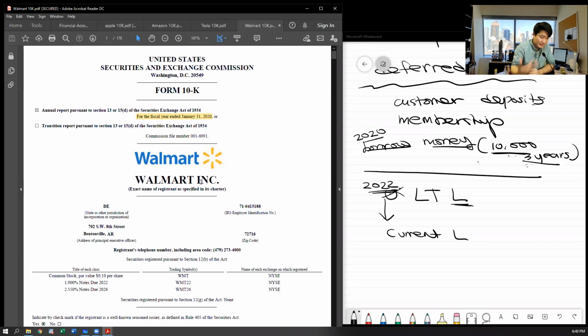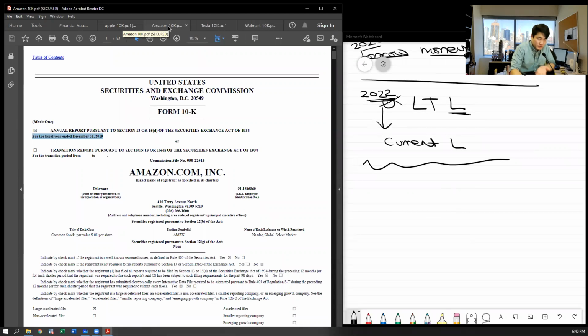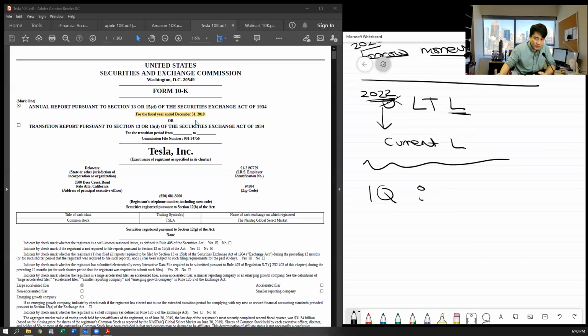So that's something that you should be careful about when you're reading the financial statements. One of the reasons is that, for example, for Amazon or Tesla, which have a December 31st operating cycle, their first quarter will fall in January, February, and March.